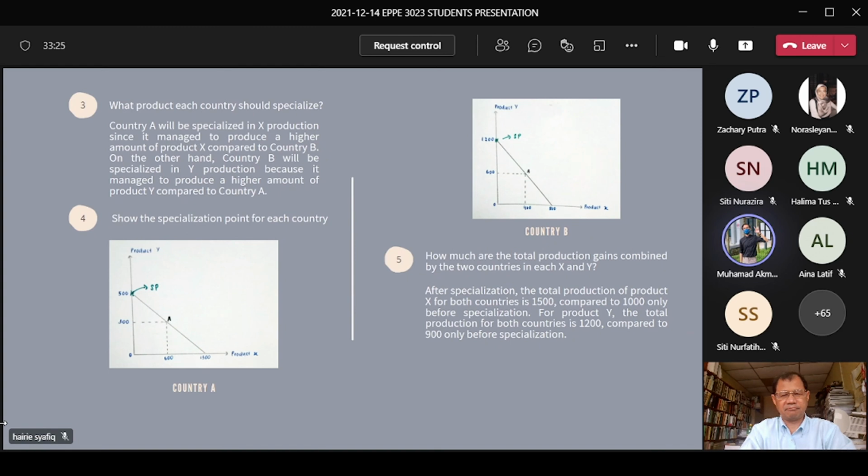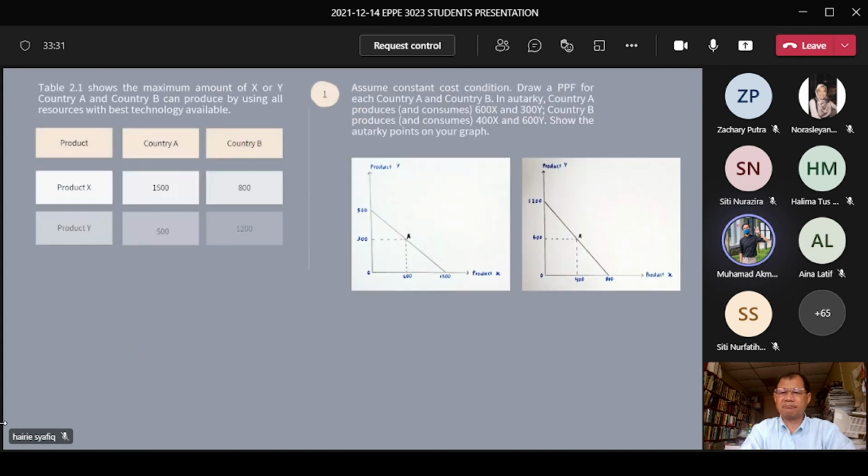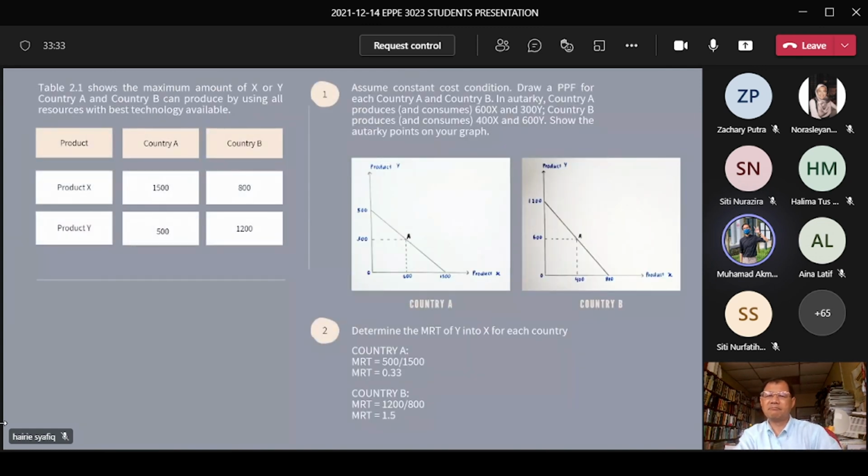If you look at the questions back, can you show the previous slide, Hailey? If you look at question number 1, it stated that country A produces and consumes 600 X and 300 Y, while country B produces and consumes 400 X and 600 Y. If you add 600 X and 400 X, the total is 1,000, which is a bit low.